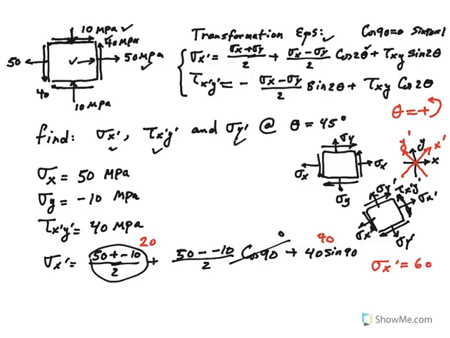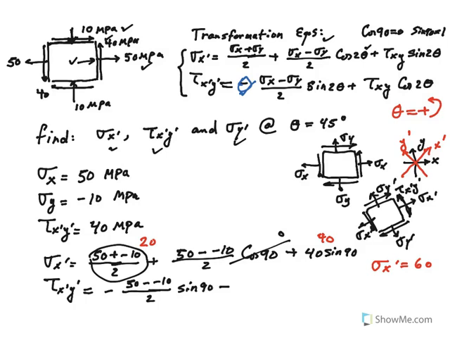And similarly, our tau x prime, y prime is minus, so remember, this is very important, guys. Don't forget there's a minus out here. Minus sigma x minus sigma y, so sigma x is 50 minus sigma y, divided by 2, sine 90.